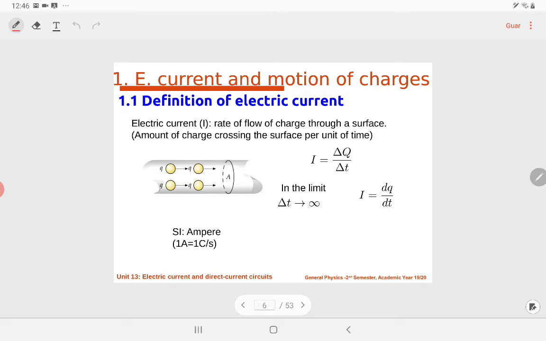This comes from the proposal of a physicist in the 19th century, who was the first one to talk about the electric current as a flow of charges. The relationship between the ampere and other units is that the ampere is 1 coulomb divided by 1 second, which follows easily from this equation.